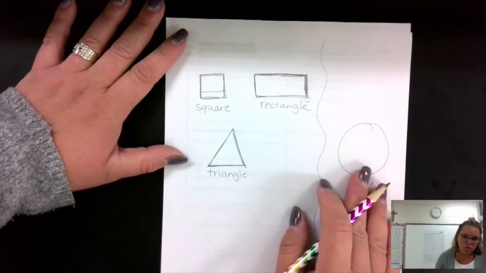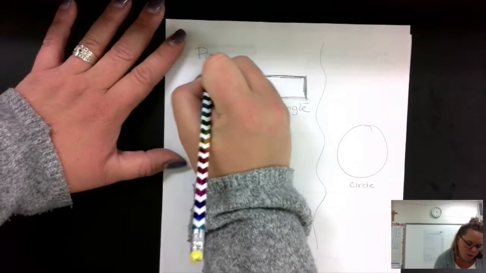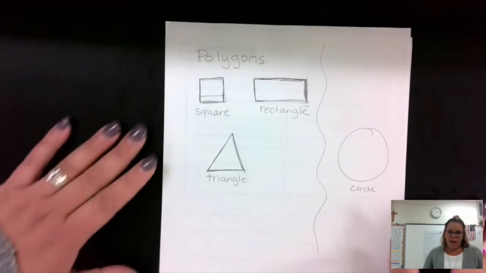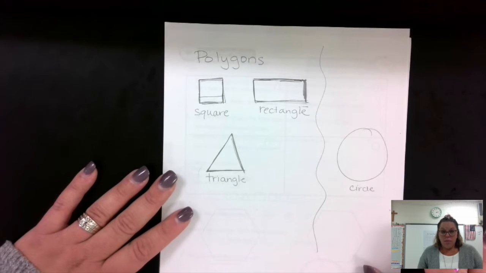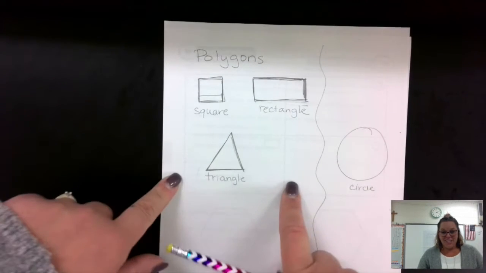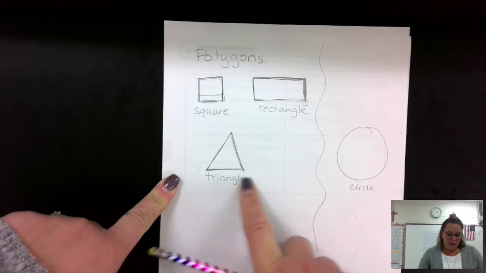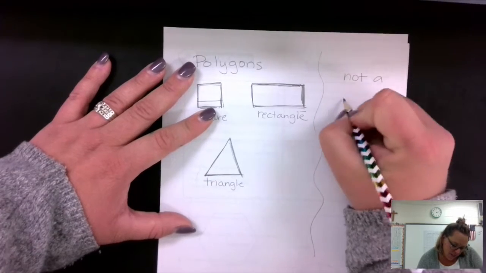So when you have a shape that the sides are straight and they all connect together, we say that those are polygons. A polygon does not care how many sides there are. There obviously has to be at least three, but it cannot have anything that's curved. So a circle is not a polygon.